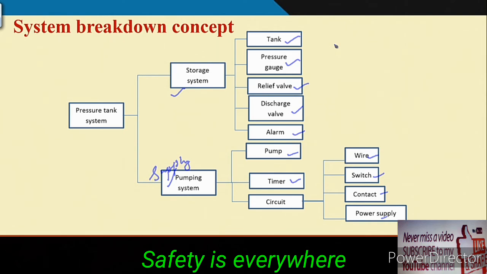This breakdown is required because you will be able to understand the function of each component and how all the components together create the storing system, that is the sub function here, storing of gas, and the sub function of pumping gas to the tank. Overall, this creates a pressure tank, a tank filled with gas of desired pressure. So, for a larger system it will be large.